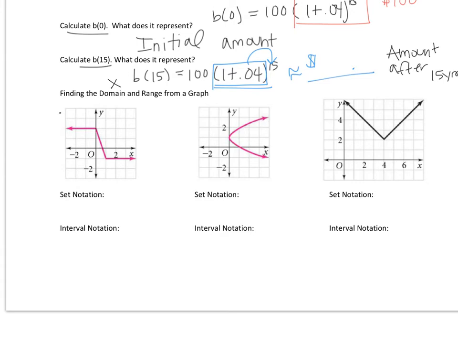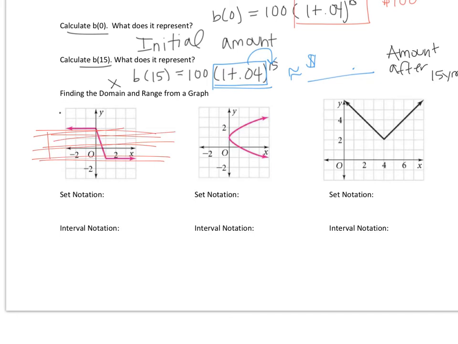So you want to look at how far to the left and to the right this function goes. So if I look over here, it ends to the left with an arrow. So this arrow means it's going infinitely. So this function for domain covers everything from left to right.